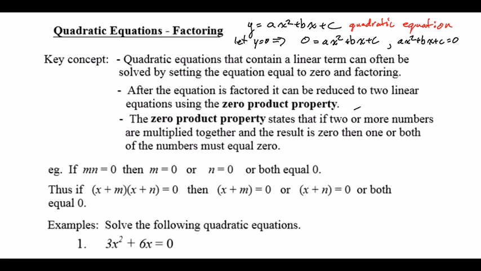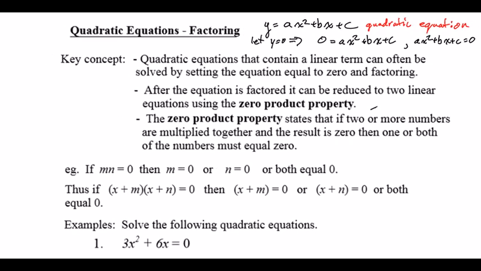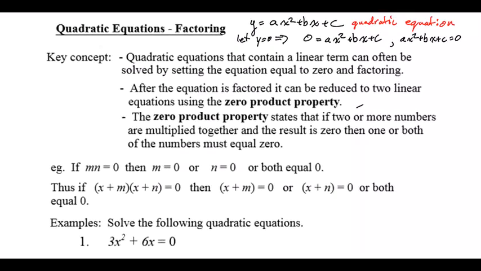Now those linear equations allow us to make use of the zero product property. So the zero product property is referring to this. If mn equals 0, then we have one of three possibilities: either m is 0 or n is 0, or both of those things are equal to 0.